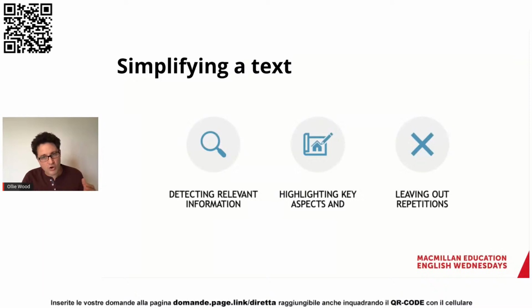Whereas if the text is long, we'll need to streamline it so just the main ideas are distilled. The actions we tend to carry out here are detecting relevant information, highlighting key aspects, and leaving out repetitions. And if we're helping someone select among several options, there may also be some comparing, contrasting, and drawing conclusions.